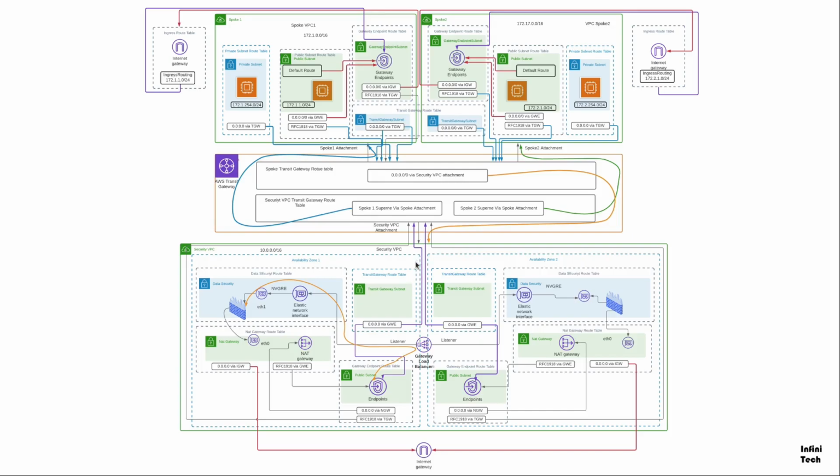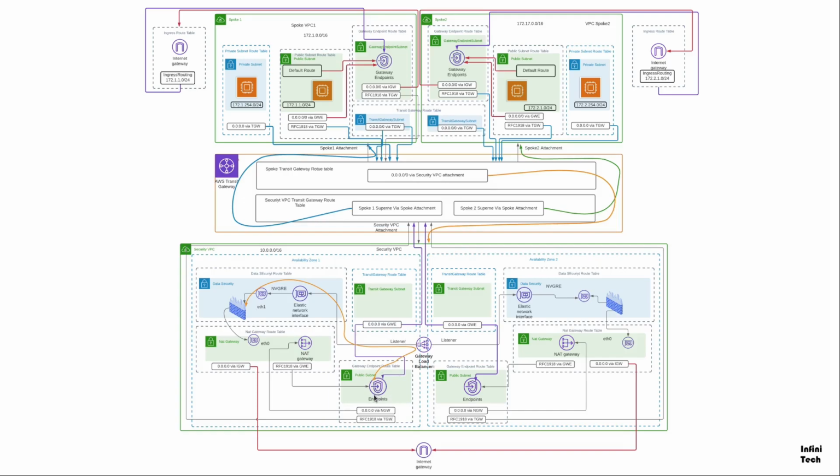Traffic gets to the security VPC and lands in the transit gateway routing table. This table has quad 0 pointing at the gateway endpoint. That is also the revolving door that takes the packet to the firewall for inspection.